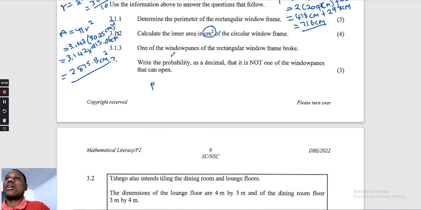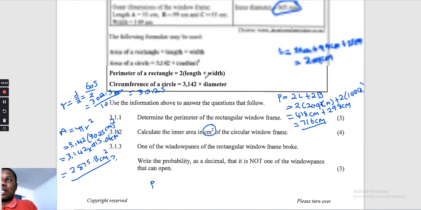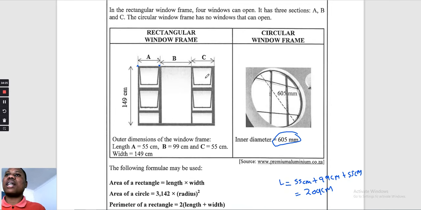They say one of the window panes of the rectangular window frame broke. Write the probability as a decimal that it is not one of the window panes that can open. So we check what the chances are that the window pane that is broken is the one that cannot open. How many window panes do we have here?